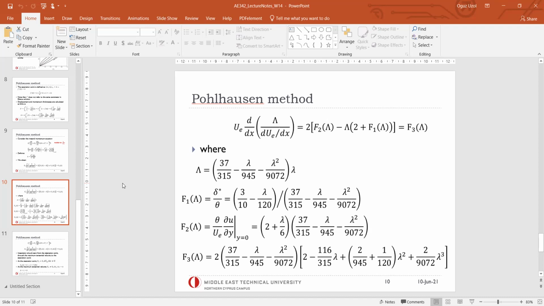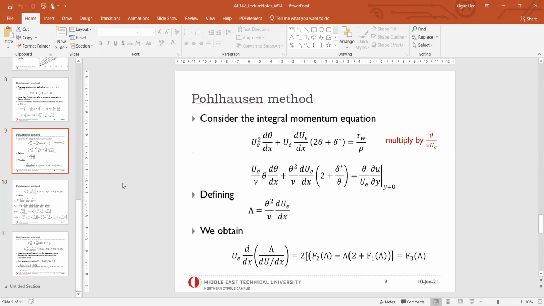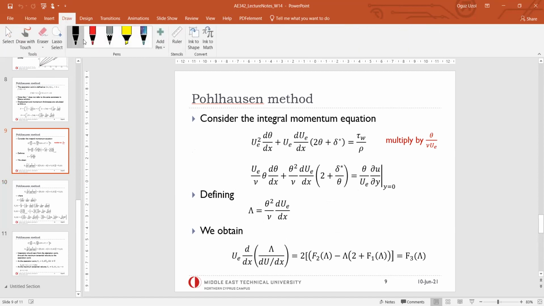Basically, this requires integration of the momentum equation, which is in the previous slide. So this equation up here must be integrated based on what we know, and what we know is these functions here.